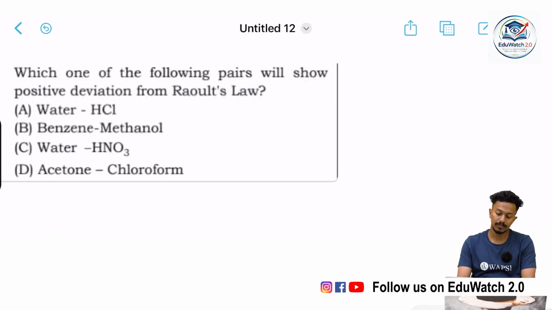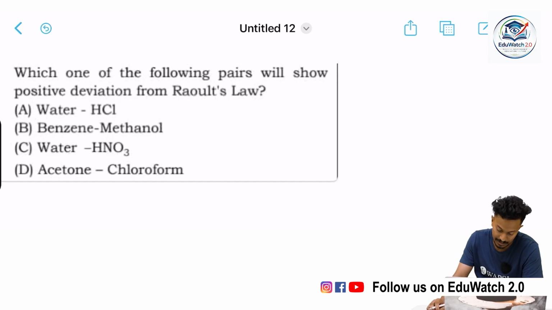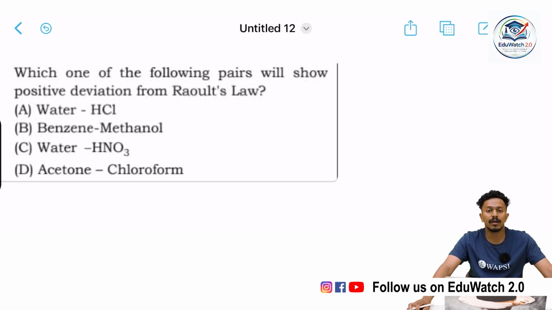Our next question is, which one of the following pairs will show a positive deviation from Raoult's law? You have studied during the solutions part that a solution which has the components A, B, in which the solvent-solute interactions are stronger than the solvent-solvent interaction and the solute-solute interaction, is the negative deviation definition.